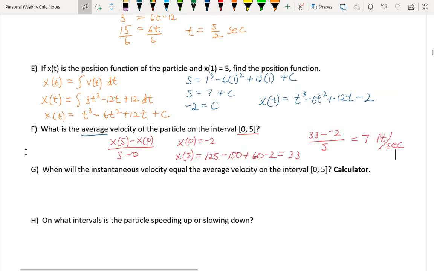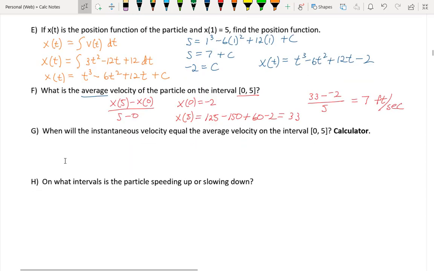And again, when will the instantaneous equal the average? Instantaneous velocity, that is instantaneous. Where's my velocity function? My velocity function was 3t squared minus 12t plus 12. When's it going to equal the average?